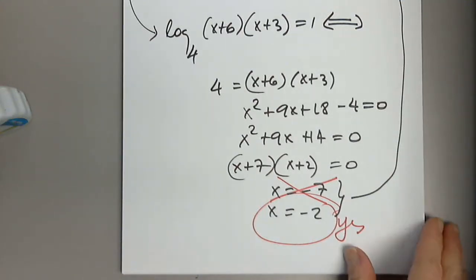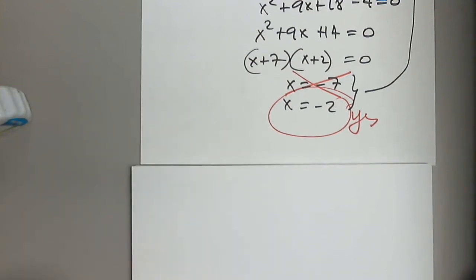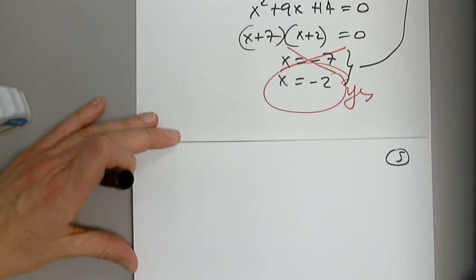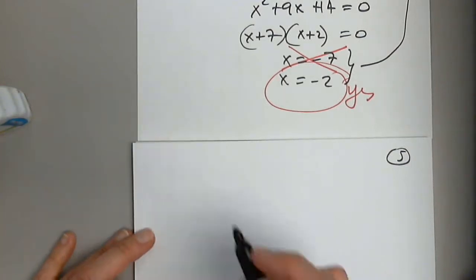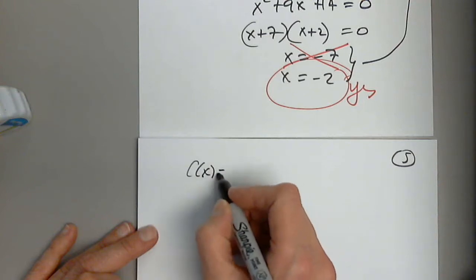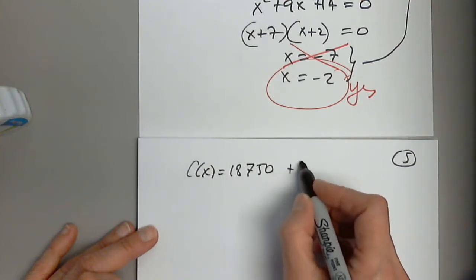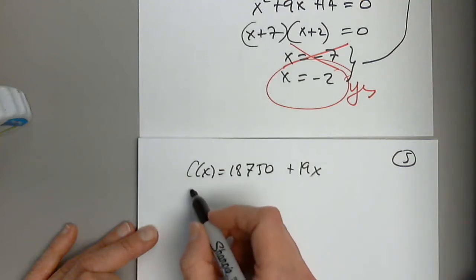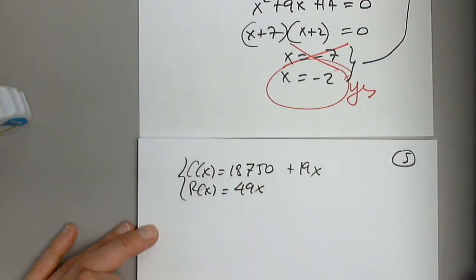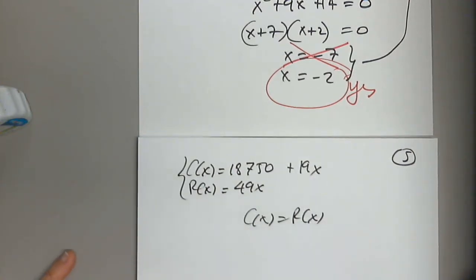Good, next problem. Anything? So number 15 on review. I just forget how to do the breaking point. So if C of x equals 18,750 plus 19x, and R of x equals 49x, the break even is when the cost equals the revenue.